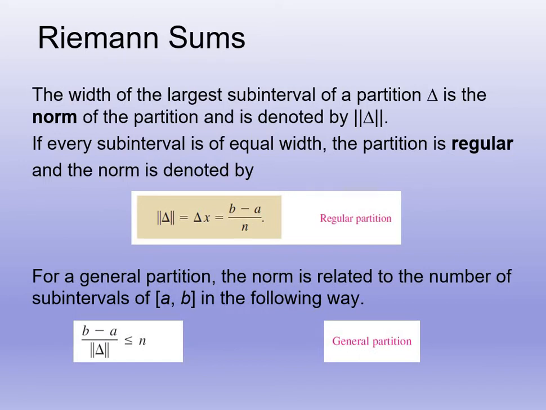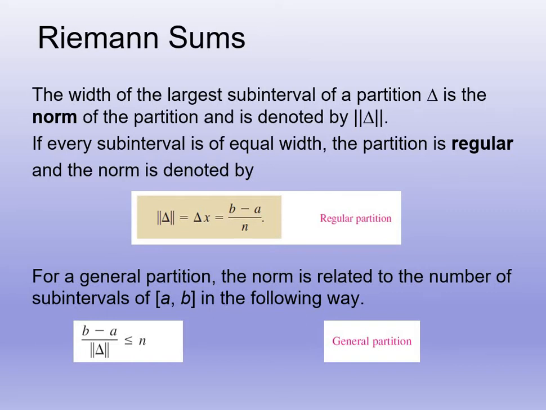If every subinterval is of equal width, the partition is regular, and the norm, denoted by delta x, is b minus a over n. That's if it's a regular partition and everything is equal, like the first examples we did in chapter 2 where we had 2/5 and 2/5 and 2/5 and 2/5. So for a regular partition, our norm is b minus a over n. Those are what we've been doing all along.